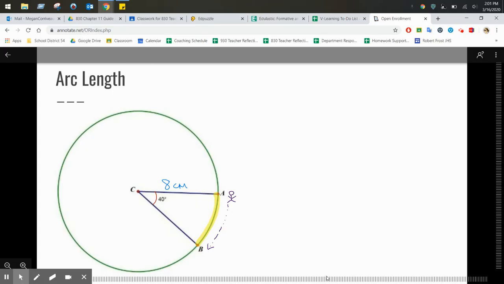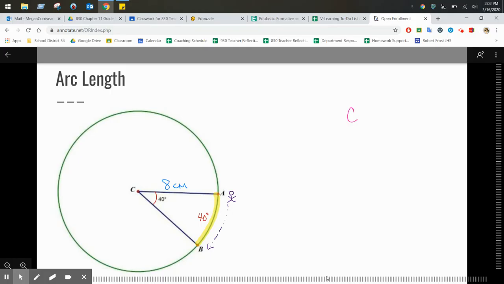So if this is a central angle, and I know that the central angle measure is 40 degrees, then the arc measure is the same as the central angle measure. So the arc measure is also 40 degrees. But now I want to figure out arc length. So if I really think about it, can I figure out how long it would be to go all the way around the circle? Well, the distance all the way around the circle, that's called the circumference, right?